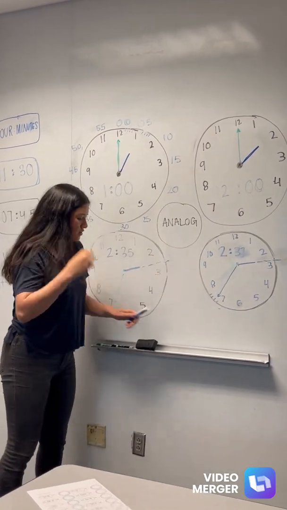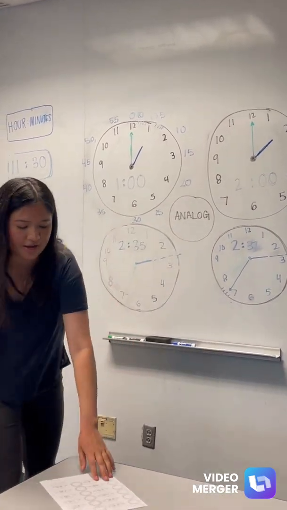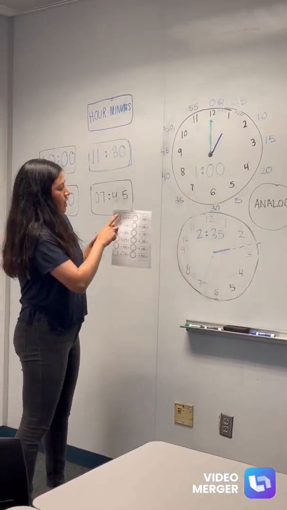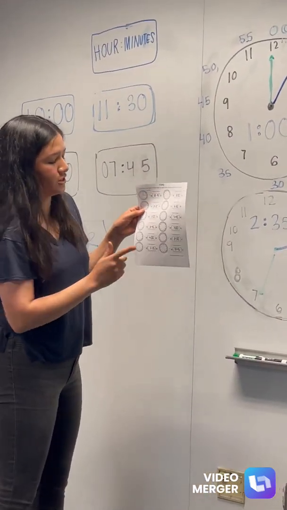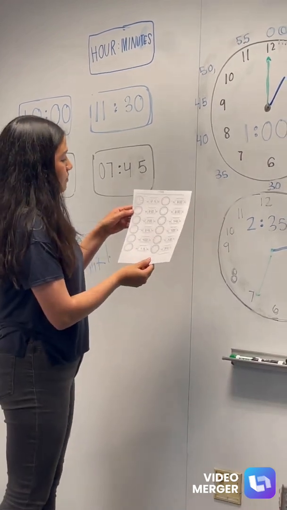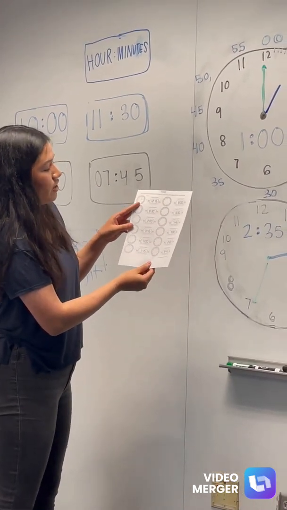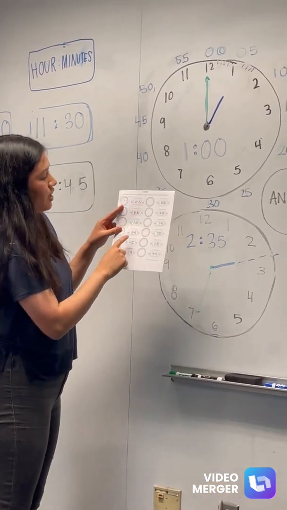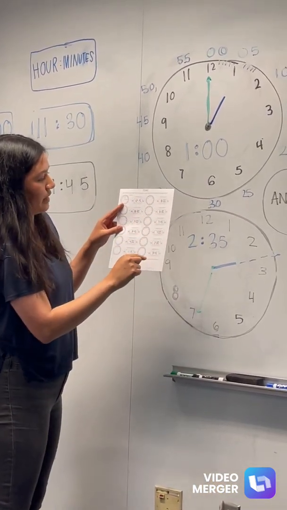Okay? So now, I'm gonna pass by and hand every one of you this worksheet. So, as we see here, these are the digital clocks, like Mr. Mendoza taught you. And on the left, there are analog clocks. So all of the digital clocks have a specific time on them.